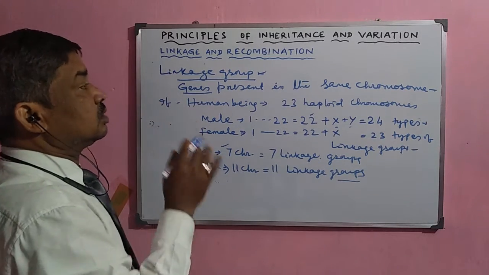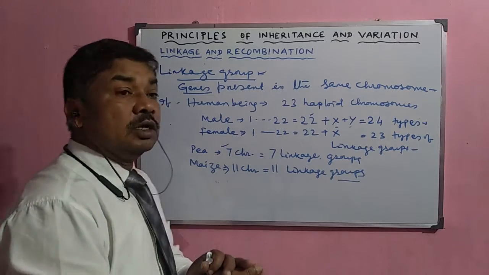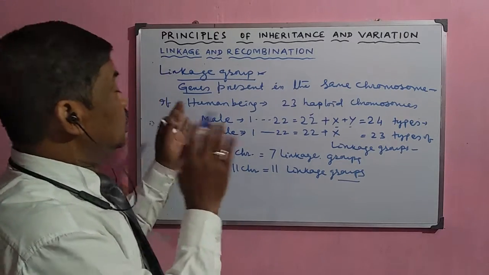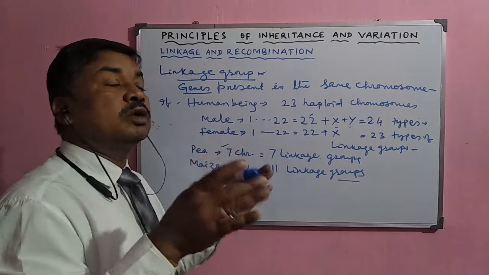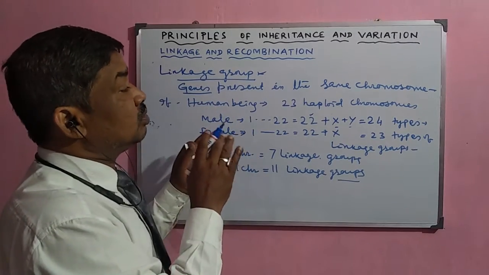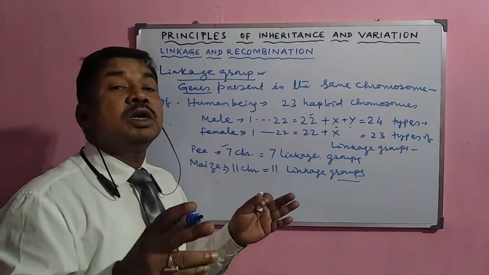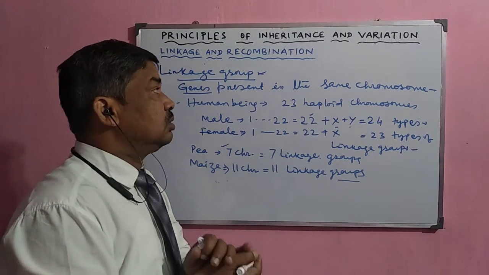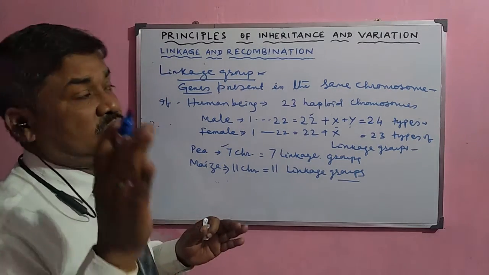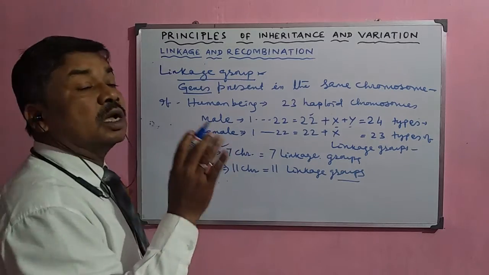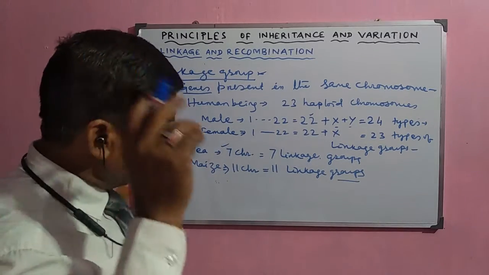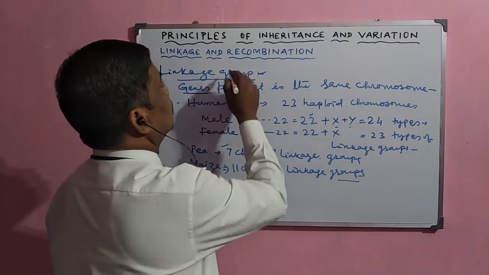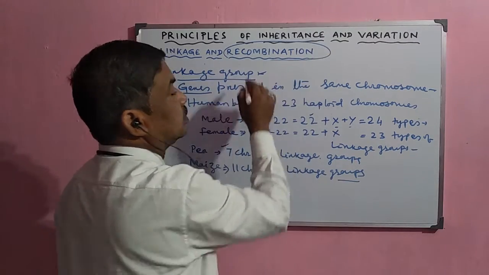Now the next important question is whether the same genes always remain together from one generation to the next, or whether occasionally they separate from one another. It was observed that sometimes these genes are separated from one another, and this phenomenon is called recombination.